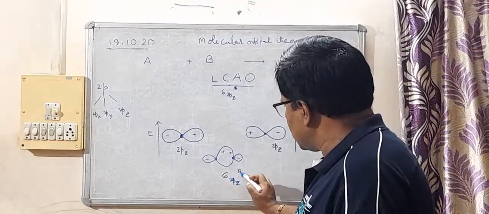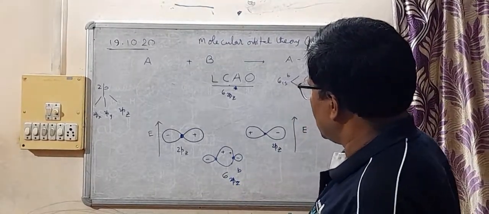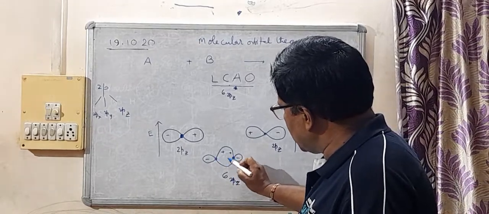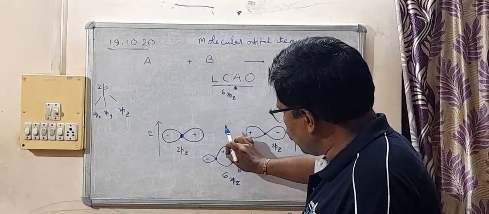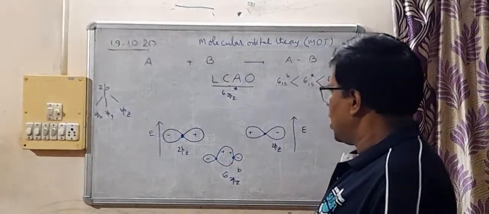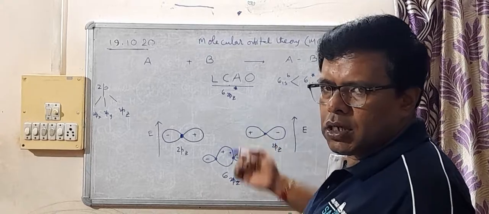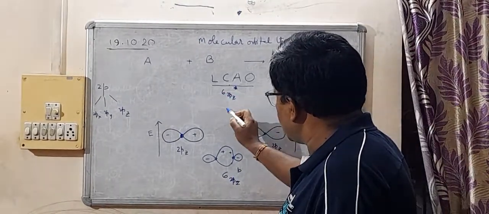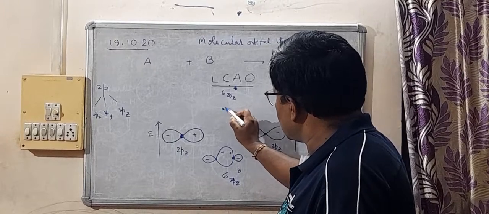This is sigma 2pz bonding molecular orbital. You will always see in a bonding molecular orbital, in between the nuclei, there is more electron density. There is more electron density, and it is just opposite in case of an anti-bonding molecular orbital. So this sigma 2pz is an anti-bonding. How is it? It is like this.